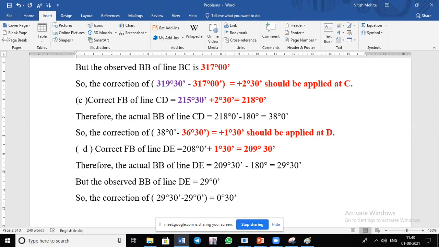This correction you are supposed to apply at station E, that is in the forward direction. Should be applied at E.